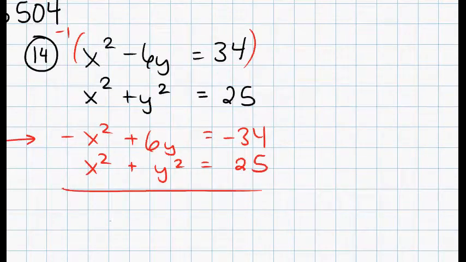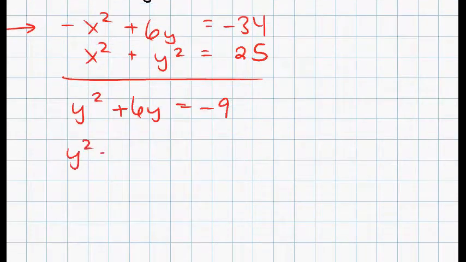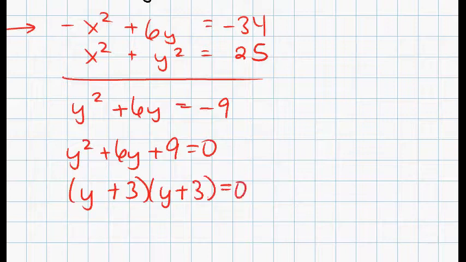And when I eliminated, I would get y squared plus 6y equals -9. You add it back over, and factor and get that y is -3.